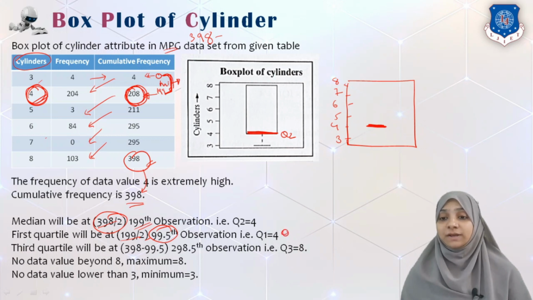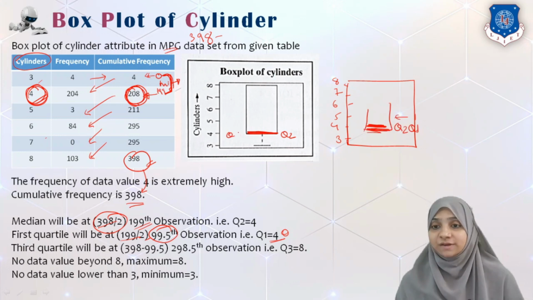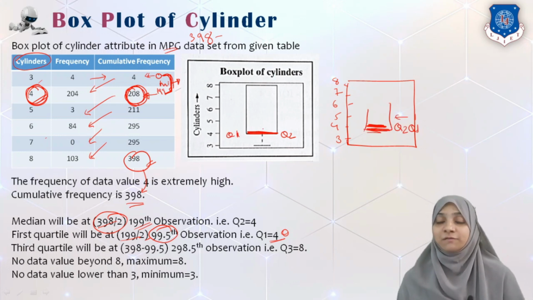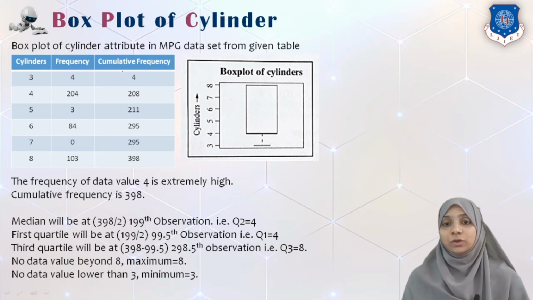That means quartile 1 is also set to 4. Quartile 1 is the lower boundary of my box. Now, how to find quartile 3? You know that the median of the first half is the 99.5th entry.